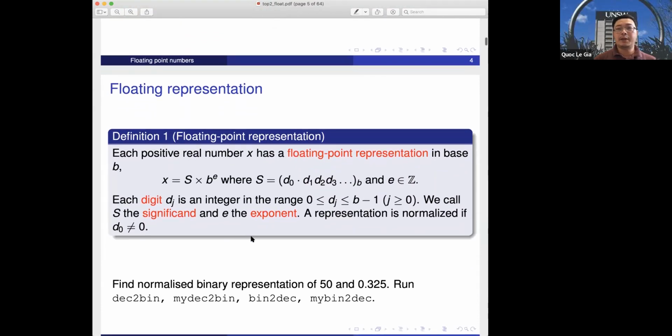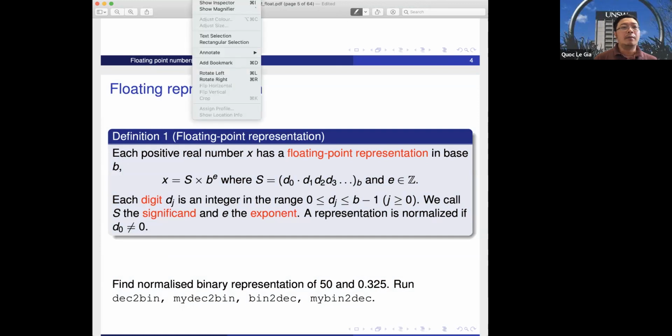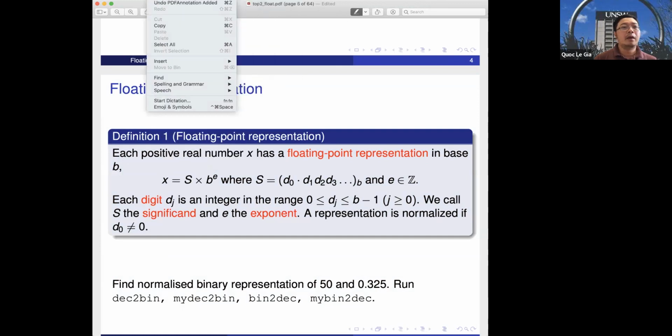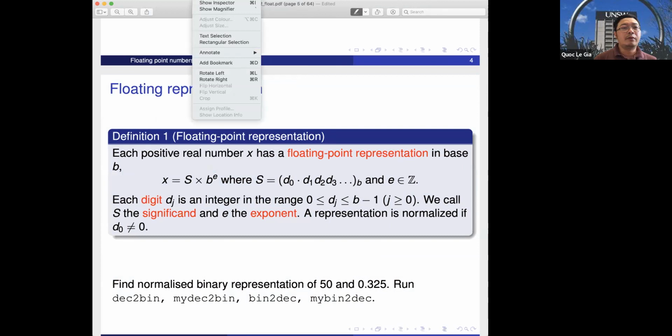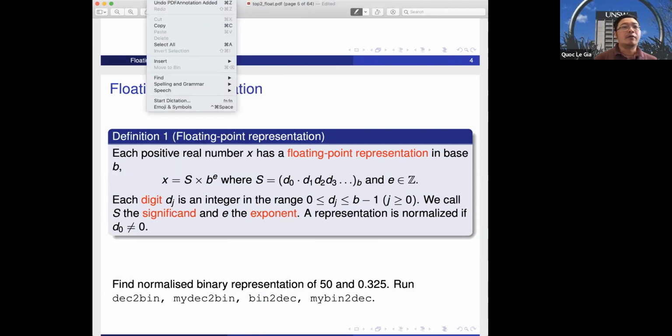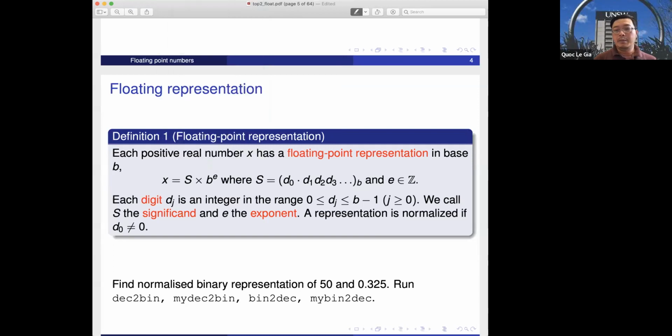Suppose you have the number 50. Let me write in the whiteboard.